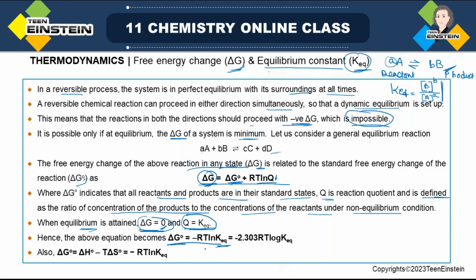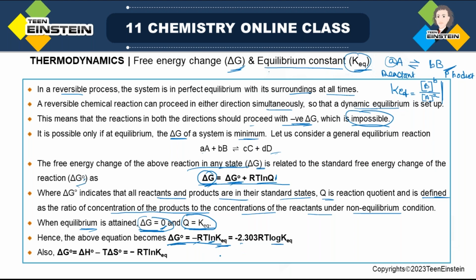If you know the value of all the terms on the right hand side, you can get the value of del G naught, or suppose you know the value of del G naught, K equilibrium, and R is a constant, you can also find out the temperature. So here ln we have changed to logarithm base 10. Now it will be multiplied by 2.303.